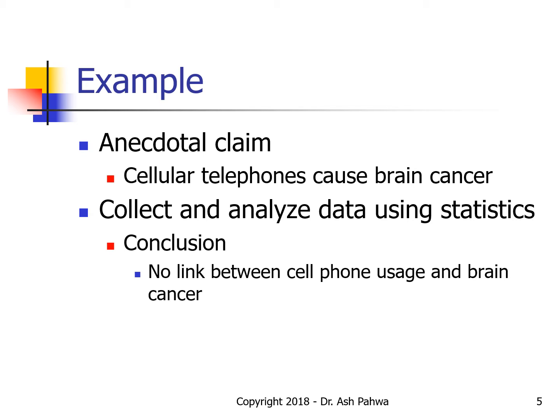Then we have to make sure that the data represents a sufficiently broad sample, and then we analyze whether brain cancer is occurring because of the cell phones or maybe due to some other factors. So after analyzing this data, the conclusion was that no link was found between cell phone usage and brain cancer. So this is a place for statistics to help us.